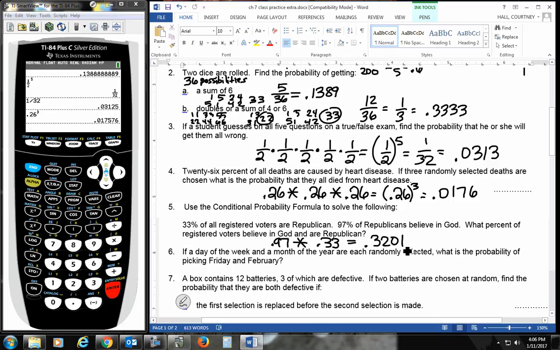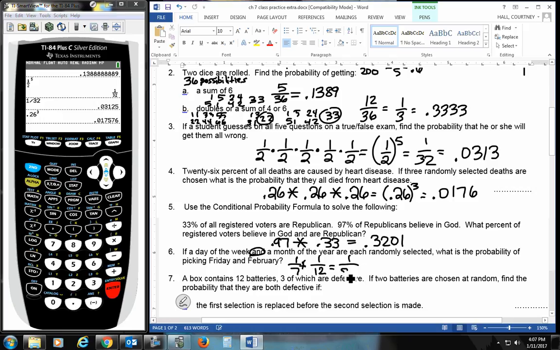Number 6, if a day of the week and a month of the year are each randomly selected, what is the probability of picking Friday and February? So picking Friday has a 1 out of 7 chance of happening because you're just picking a random day of the week. Picking February has a 1 out of 12 chance of happening because you're picking one of the months. You want them both to happen because this is and, so you are multiplying.